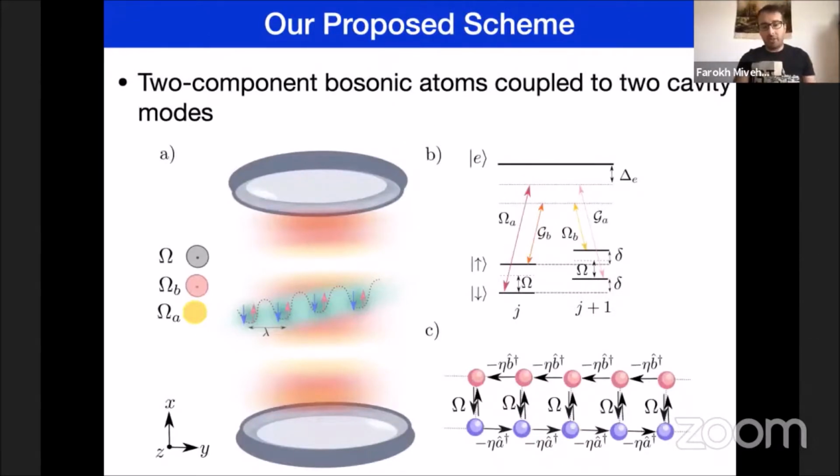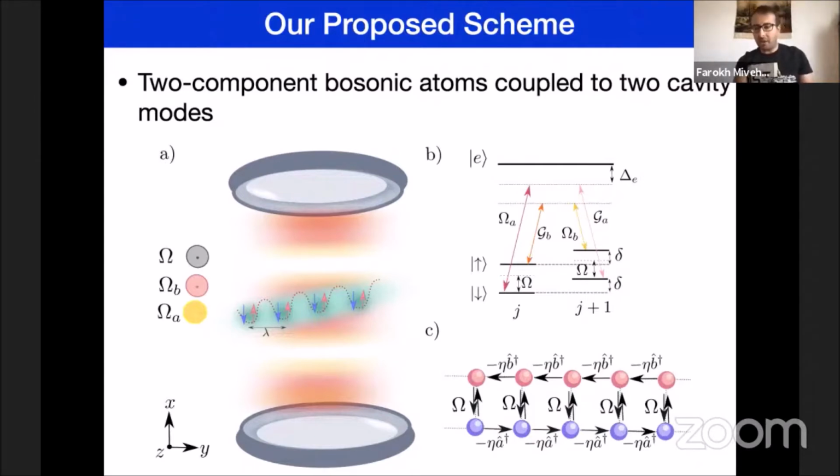We consider two-component atoms in an external optical lattice, which is perpendicular to the axis of a two-mode cavity.